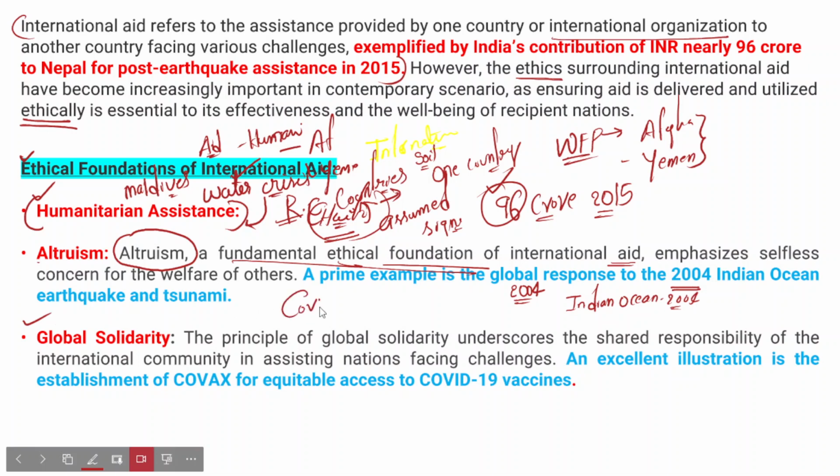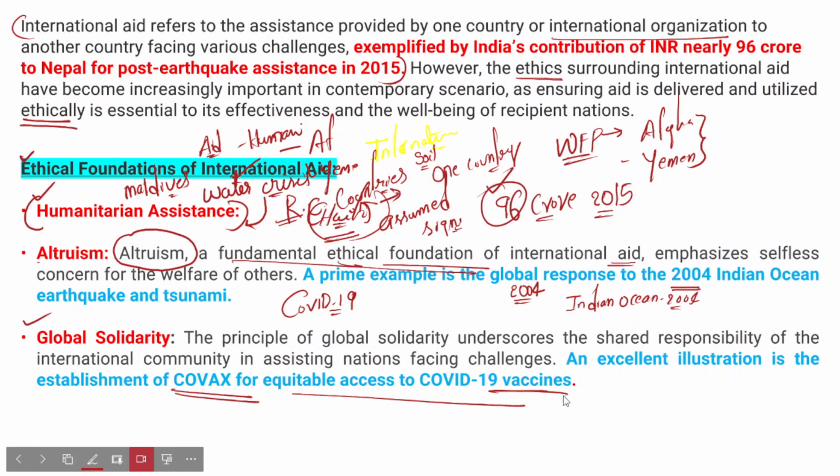Because of the increasing levels of mortality and its spread, the entire world came together in the form of the establishment of COVAX. The COVAX objective is to ensure equitable access to COVID-19 vaccines, primarily guided by the motto that no one is safe until everyone is safe.